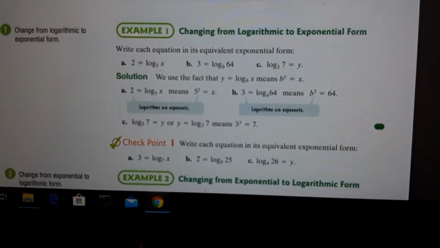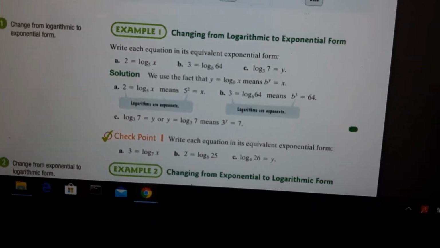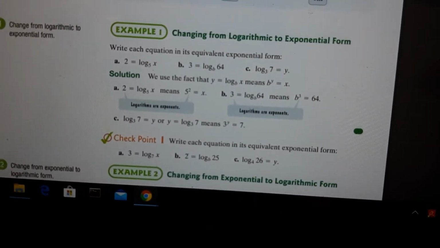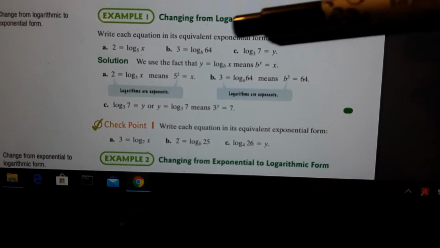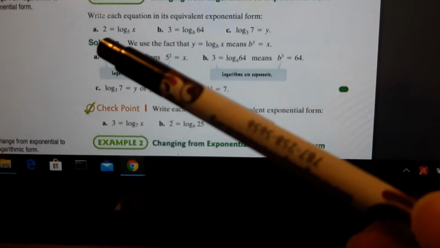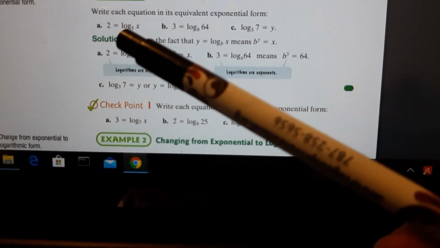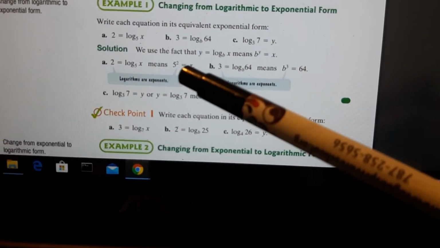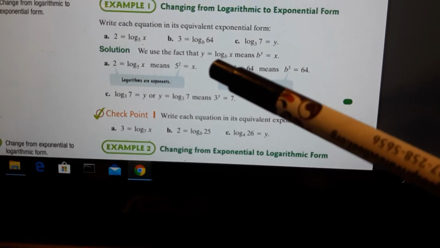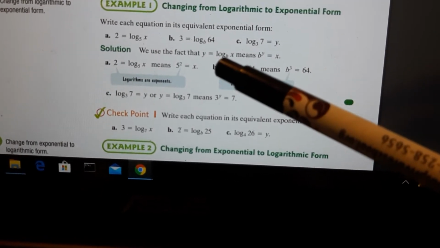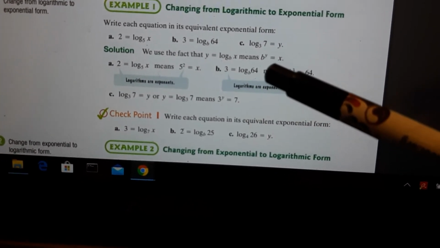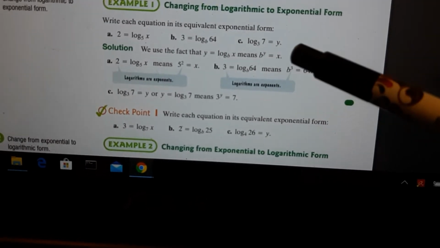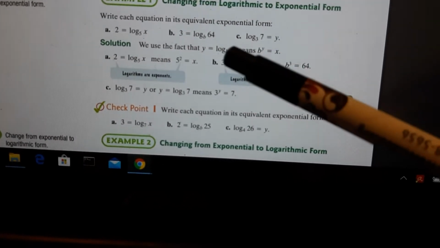Let's see right here. All right, so example number 1. Changing from logarithmic to exponential forms. So it says right here, 2 is equal to the logarithm in base 5 of x. It says we use the fact that y is equal to the logarithm in base b of x means that the base to the exponent must be equal to the argument.